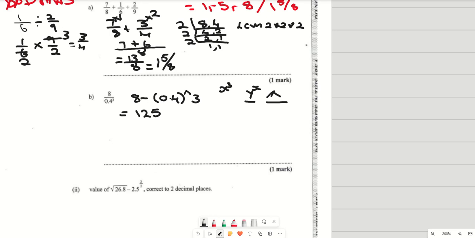If you want to solve it by hand, which I don't recommend, this is 1 mark, and if you could use a calculator, do that. But if you're good at these things and you want to show your working, it will be 8 over 0.4 to the power 3, which is 8 over 0.4 multiplied by 0.4 multiplied by 0.4.